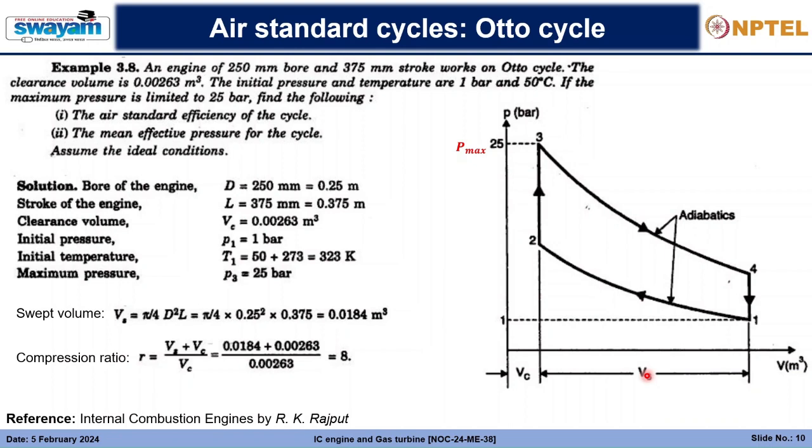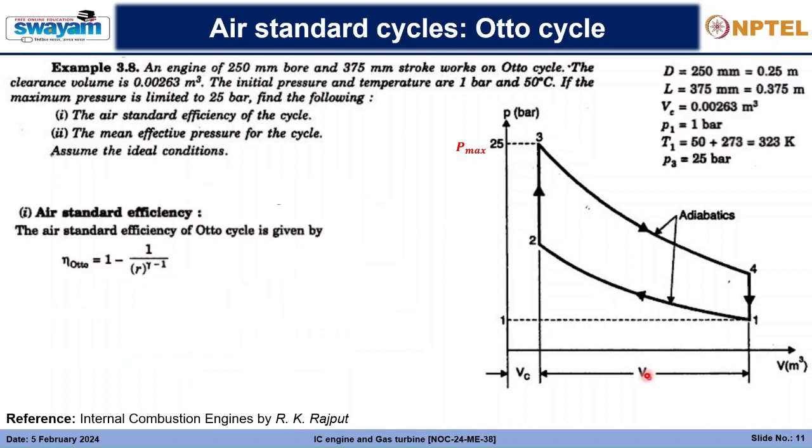And if it is an Otto cycle, I think the compression ratio works quite fine. Then the air standard efficiency simply works on the compression ratio. So that is given by this formula here. And by solving, you will get 56.5% efficiency.